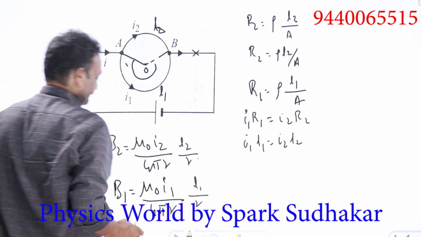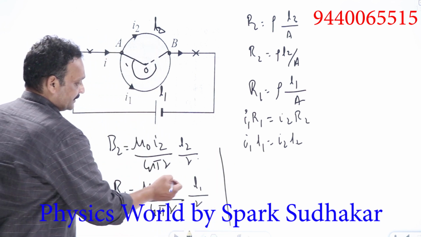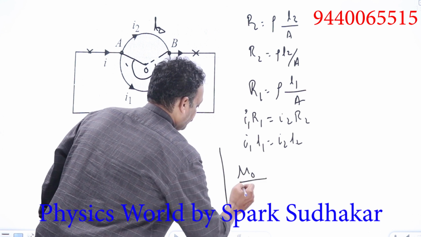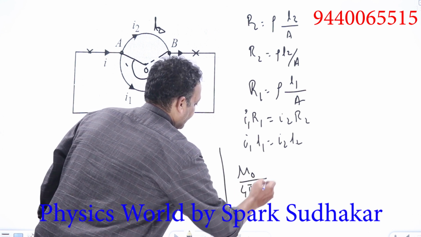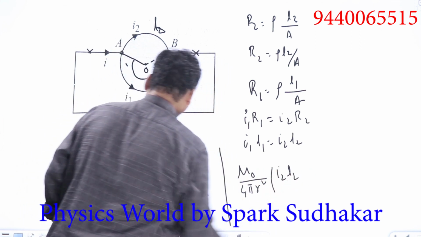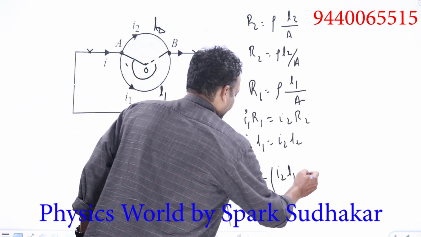Now compare these two. You take mu naught by 4 pi r square common. Here we have I2 L2. Both fields are in opposite directions, so we subtract.